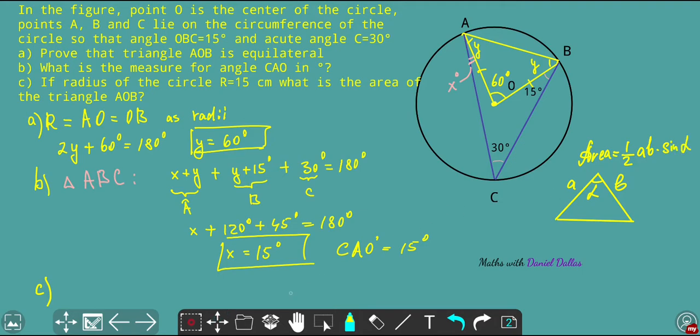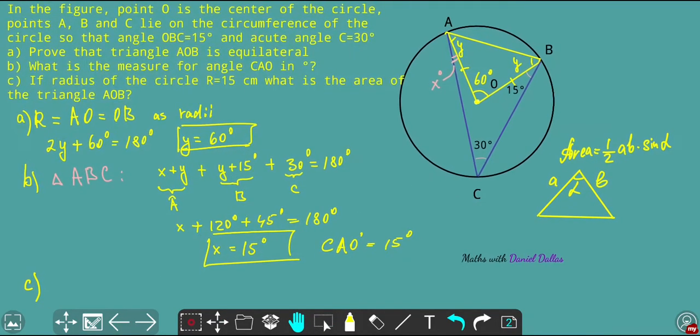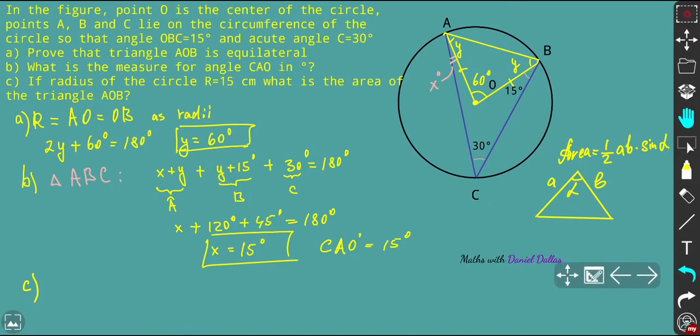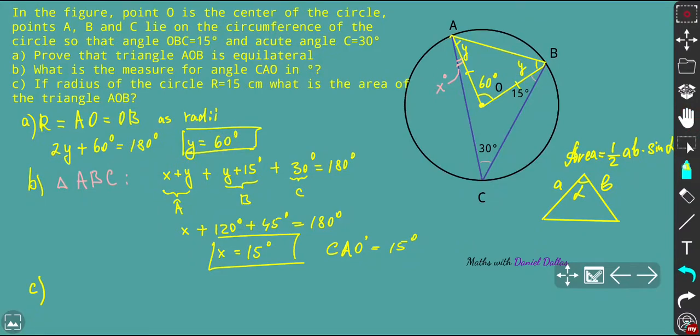All right, so we're going to use this fact because we are given two radii in that case, 15 and 15. The area of triangle AOB is going to be 1/2 times r squared times the sine of the angle in between, that means sine 60.